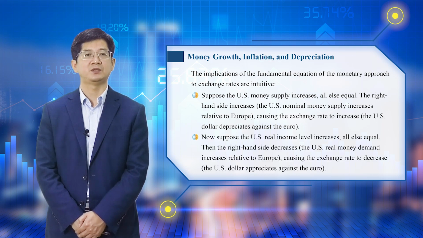Now suppose the US real income increases, all else equal. Then the right-hand side decreases, meaning the US real money demand increases relative to the euro, causing the exchange rate to decrease, meaning the US dollar appreciates against the euro.